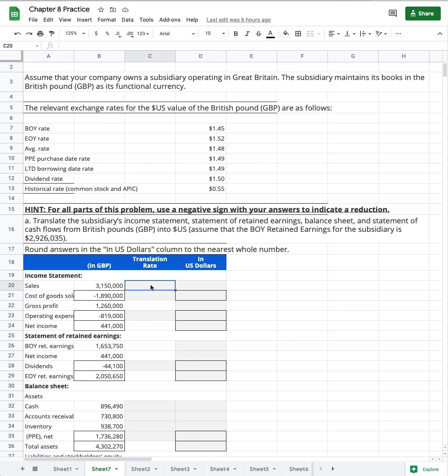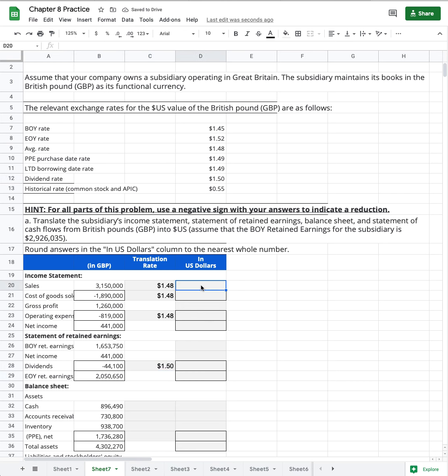So we'll start by just plugging in the rates that we're going to use. We'll use the average for sales, and I'm going to make this absolute so that I can copy this down. Because that's what we'll also use for cost of goods sold as well as our operating expenses. For dividends, we'll use the dividend rate.